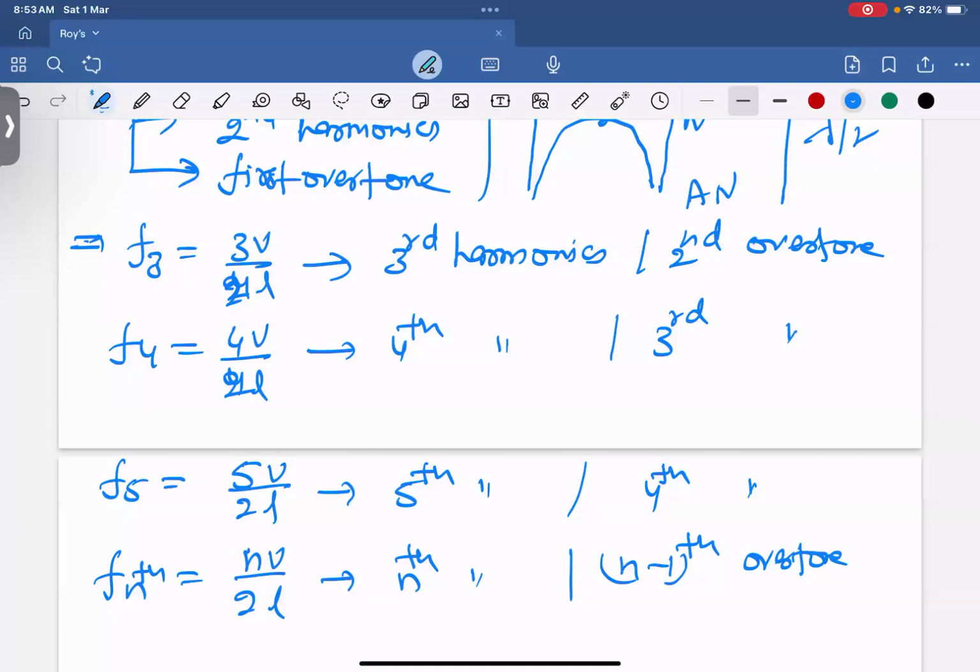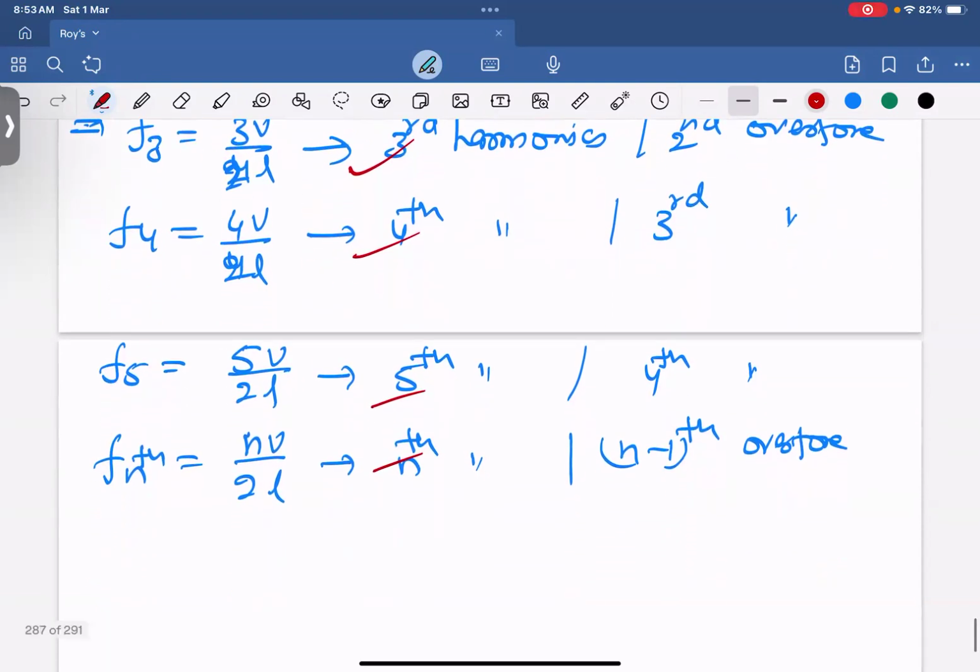So the conclusion here is that we are getting third also, fourth also, fifth, sixth. So all types of harmonics we are getting.